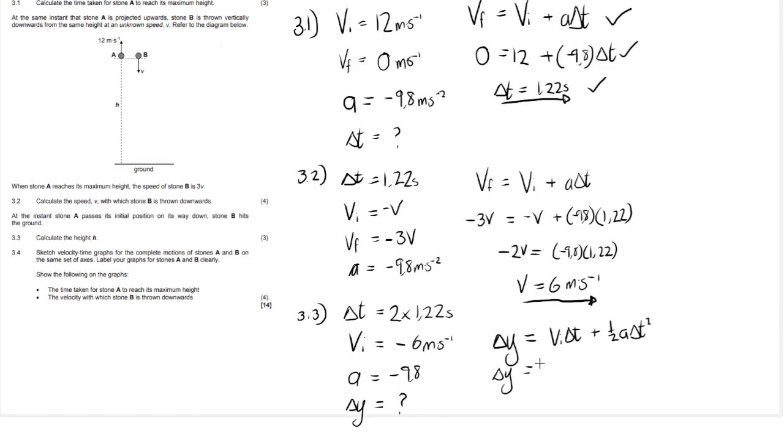That's simple substitution from here on out, making sure we choose the right values. And so negative 6 multiplied by time, which is 2,44, plus a half, and then acceleration again, negative 9,8 multiplied by change in time, all squared.